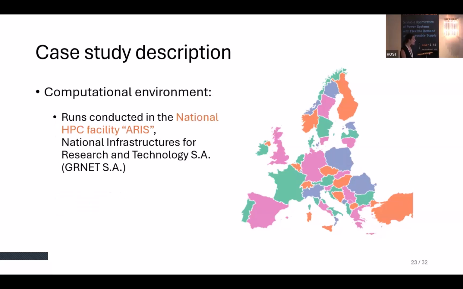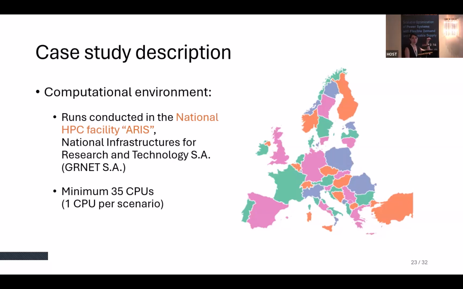We're implementing this on the National High Performance Computing Facility. So we are able to parallelize the process, and actually we have the computational, let's say, resources to work on a problem as large as this. This relates to the question that was posed before. So in this application, in the results that I'm going to show, we have used one CPU per scenario.